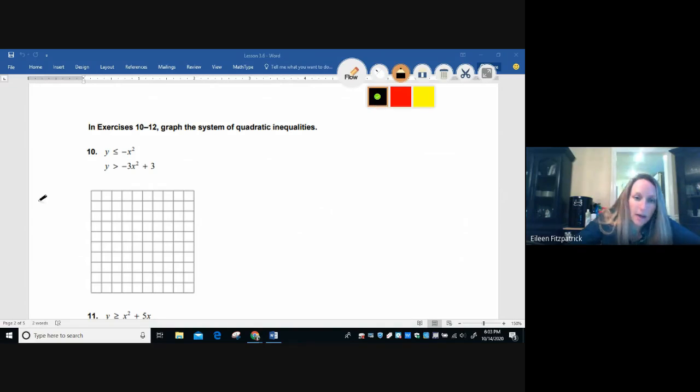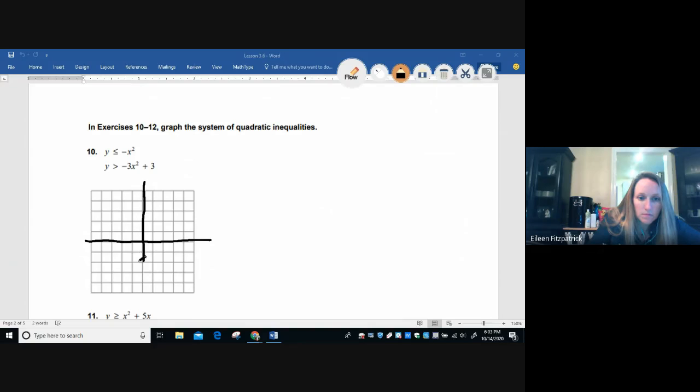All right, so let me make my x-axis and my y-axis in the middle. Okay, so for the first graph, it's y equals negative x squared. The vertex is (0, 0).